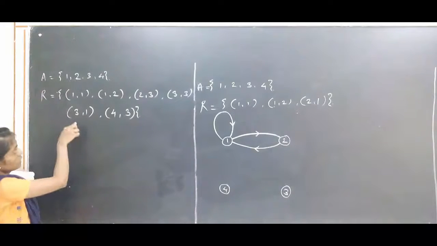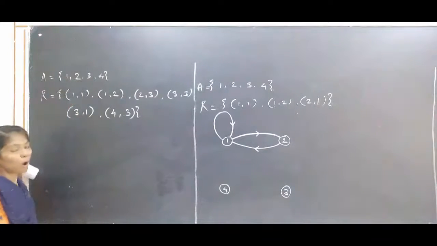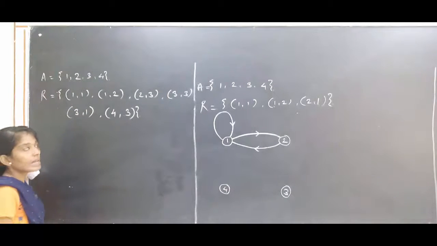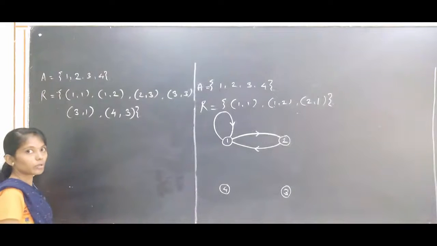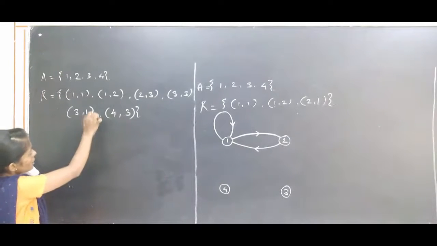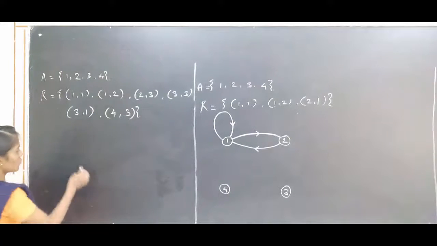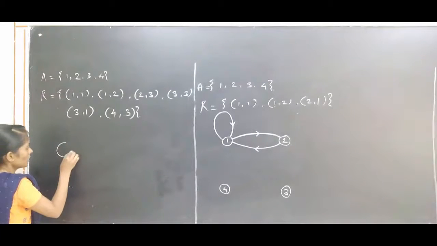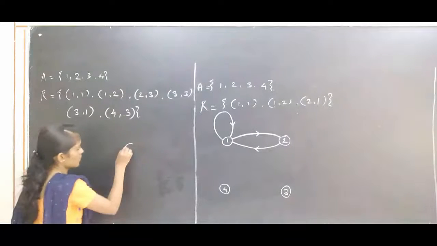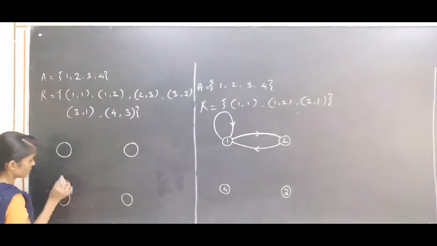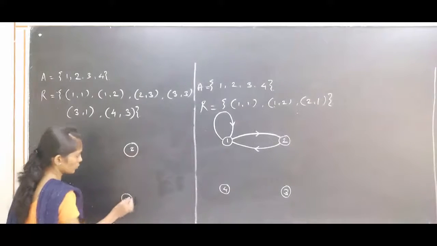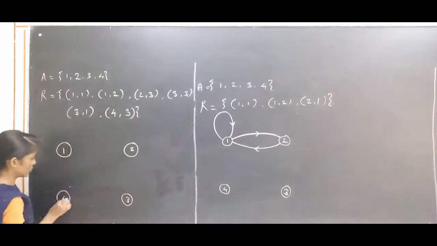Here relation R is defined on set A, and we want to draw the digraph of this relation R. So first of all, draw the elements of set A: 1, 2, 3 and 4.